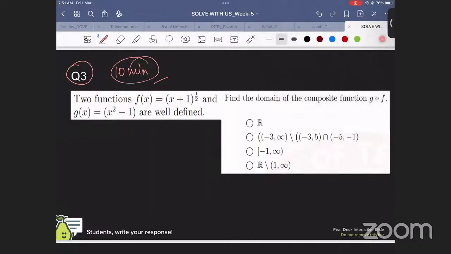The f of x function is substituted in g of x.